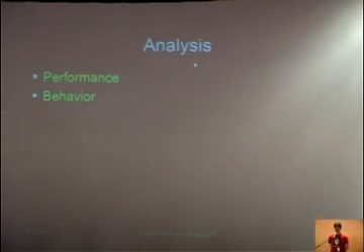So for analysis, there are some types of analysis that are available in software. Some are targeted toward performance analysis, while others are for when you want to understand the behavior of a program.